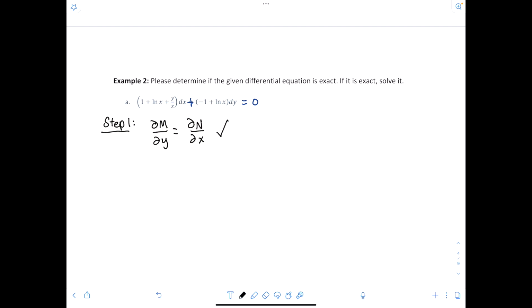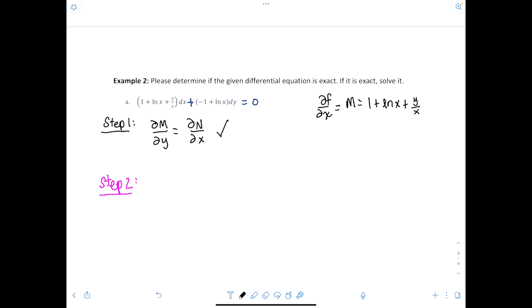Now, step 2 is when we set up our differential equation. So let's actually write down what our M is and the partials and all that. M was equal to 1 plus natural log of x, and M, of course, is equal to the first partial of f with respect to x.